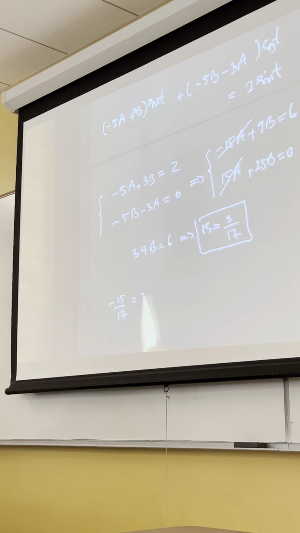So then your particular solution is negative 5/17 sine of t plus 3/17 cosine of t. Cool.